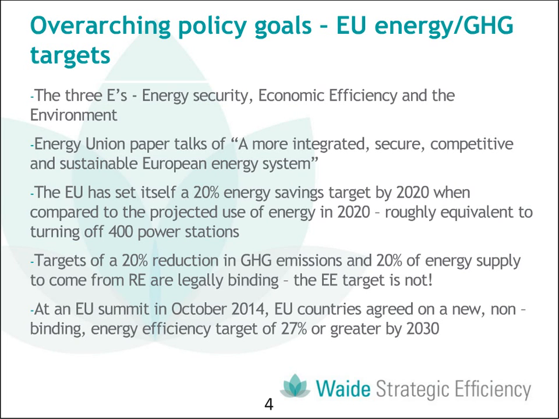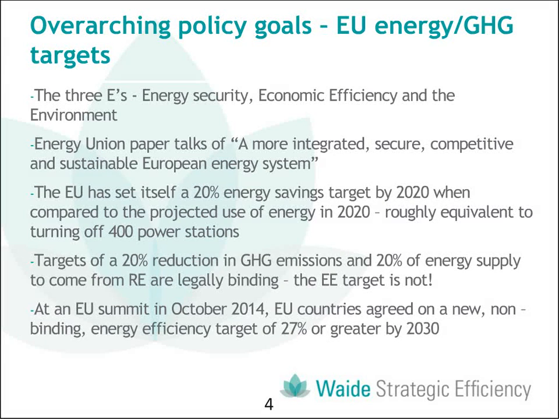The EU has set itself 3 targets for the year 2020, which are essentially a 20% reduction in greenhouse gas emissions compared to 1990 levels, 20% of all energy supply to come from renewable energy, and 20% energy savings, or improvement in energy efficiency, you could say.